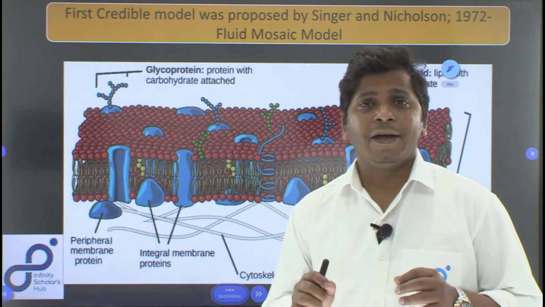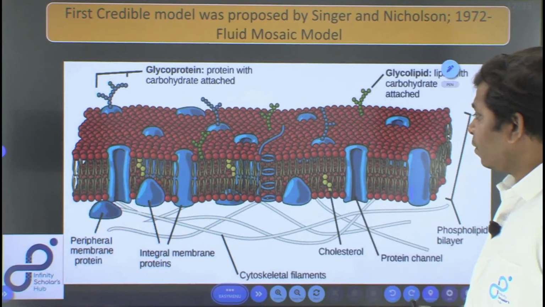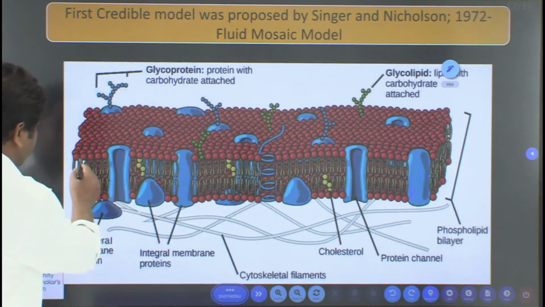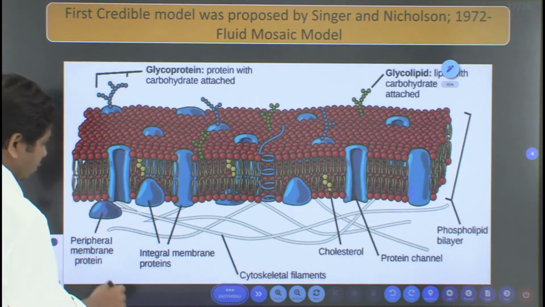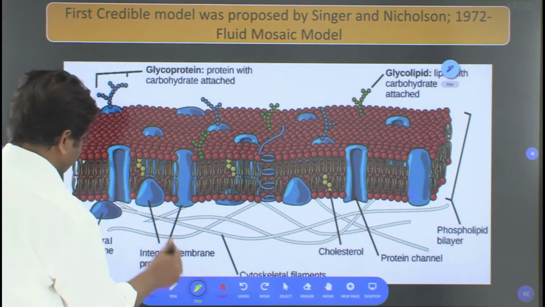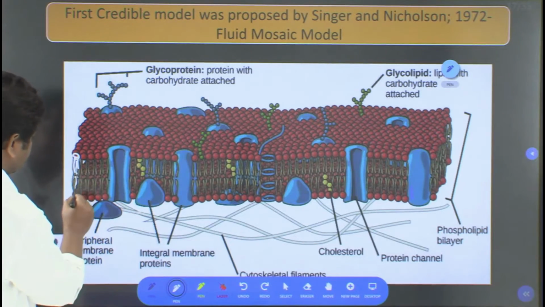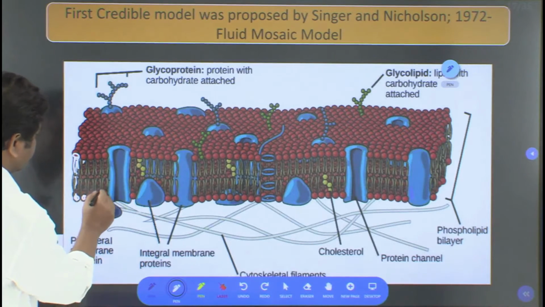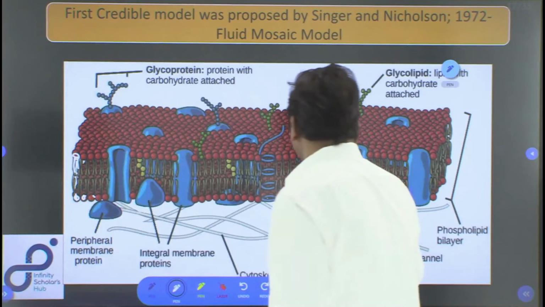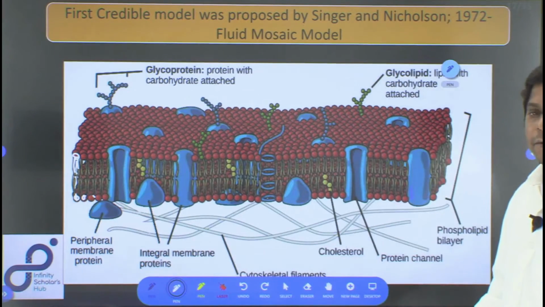I will tell you why it is called the fluid mosaic model. If you look here, the phospholipid bilayers are arranged over here. In between that, you can see there are some proteins which are dispersed in the membrane.